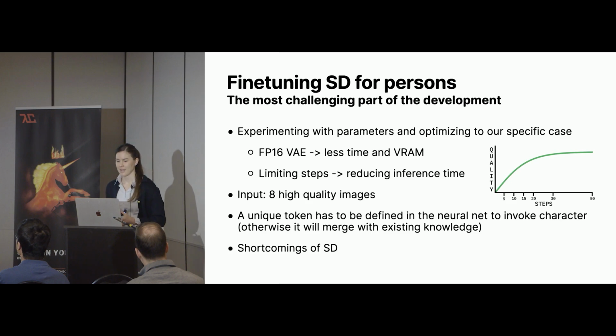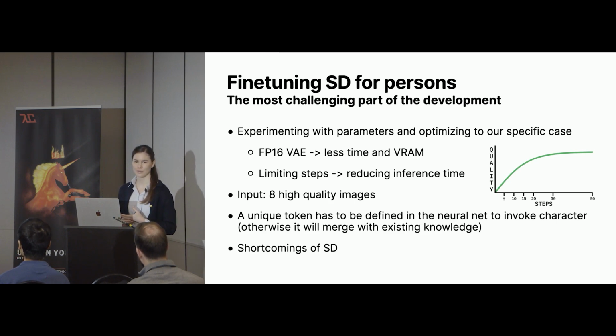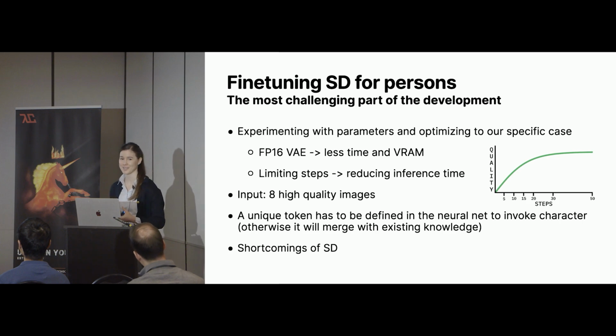Even if it's a very robust model, Stable Diffusion's shortcomings can be seen in the results. If the person is wearing the same clothes on all training images, then it's unable to generate any picture, or it's very difficult to prompt in a way that the person is wearing anything else than those clothes.